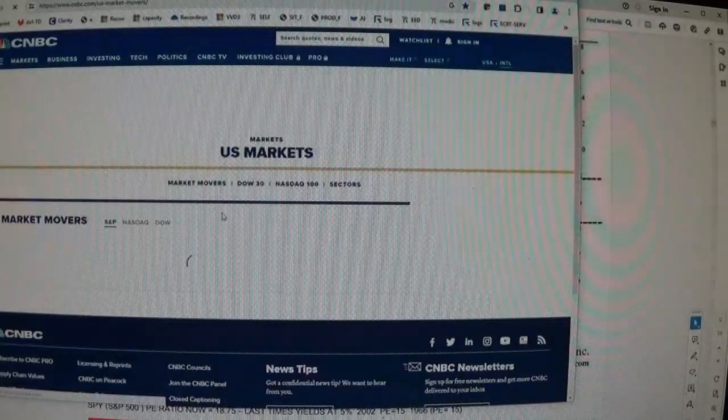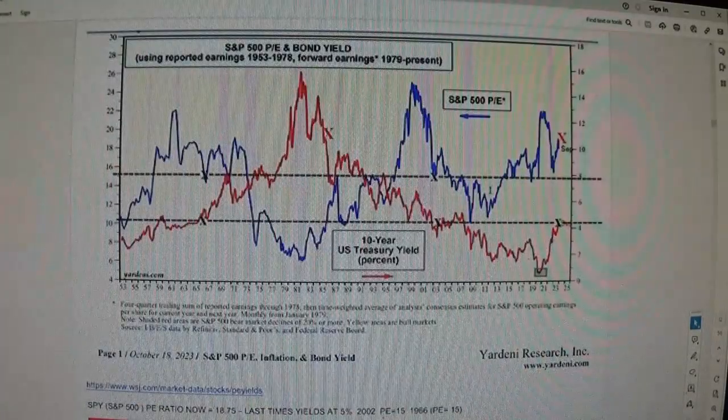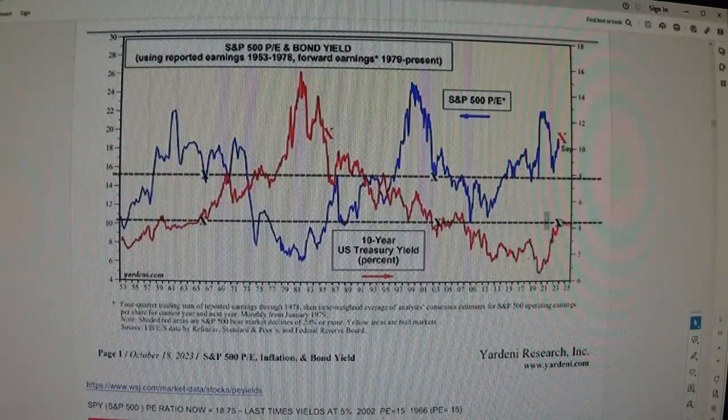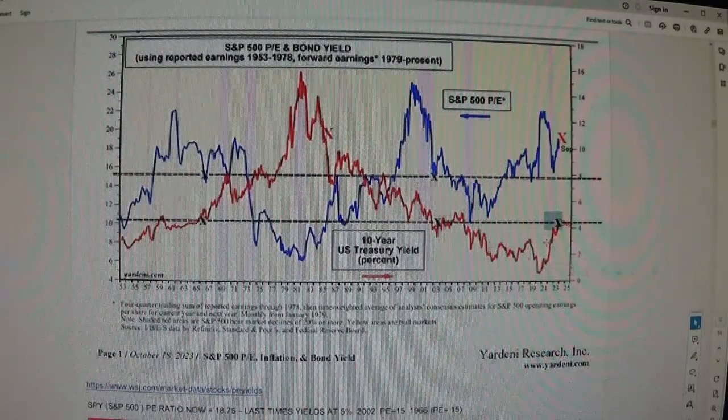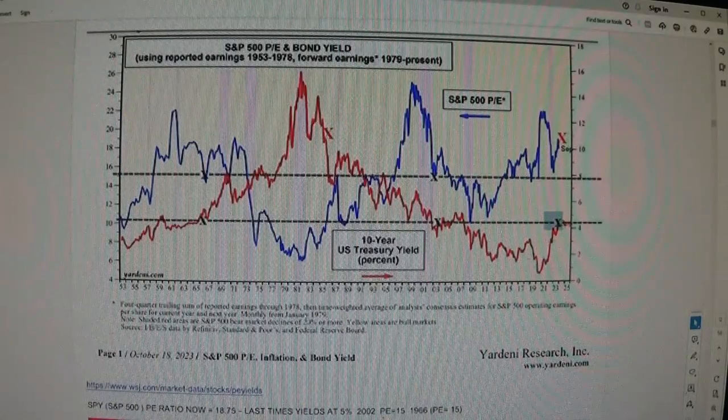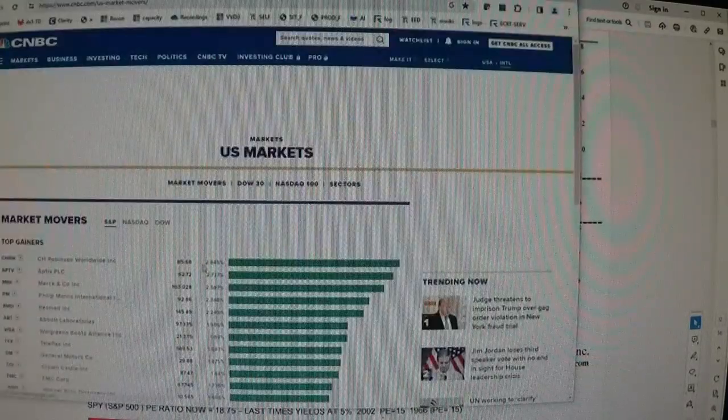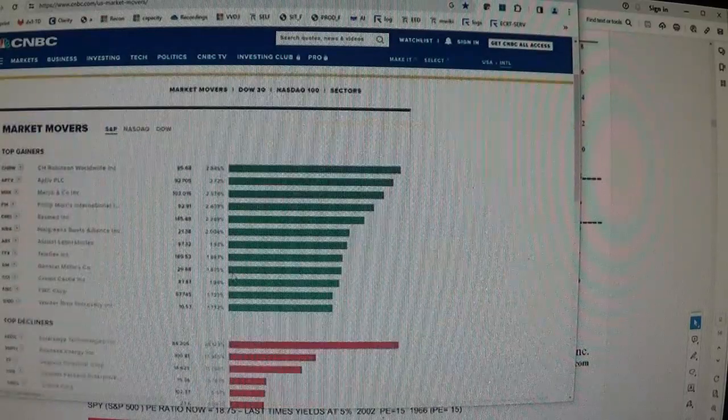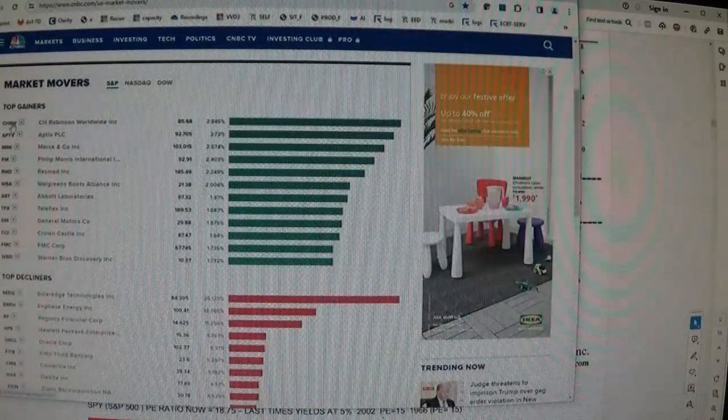What's happening is, as the Treasury's been going up, we've had people less and less willing to buy stocks with yield, because if you can get a 5% yielding Treasury, which is 100% guaranteed, who would want to put money into a 5% yielding stock? What's happening today is it's flipping. A lot of the top gainers are the ones with the highest yield.